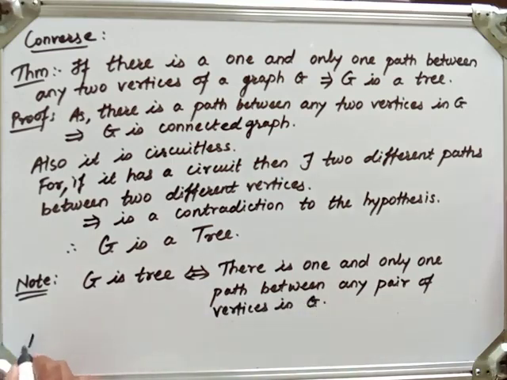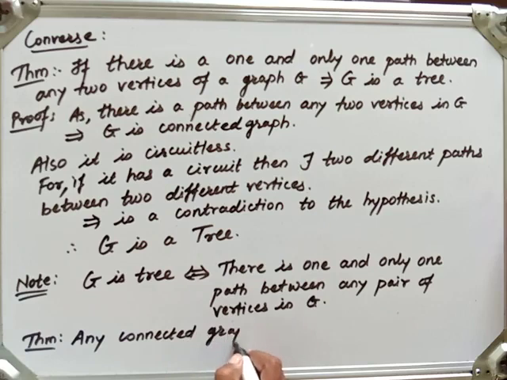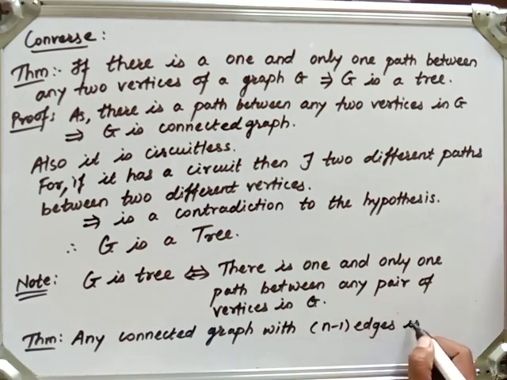Then the next theorem, simply a statement because there is no need of proof of this one. What can we say? Any connected graph with n vertices and n-1 edges is a tree.